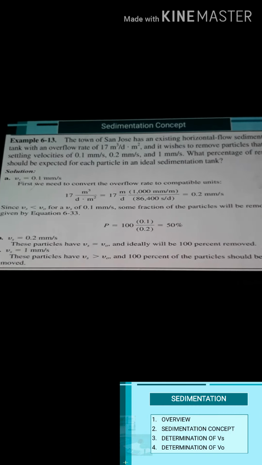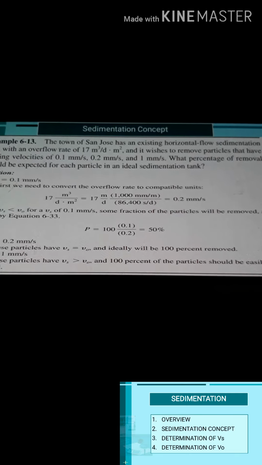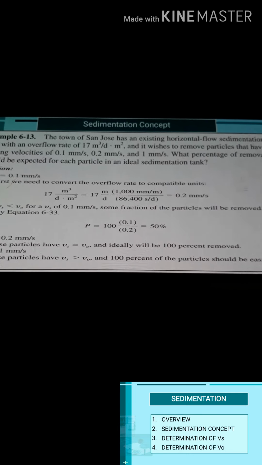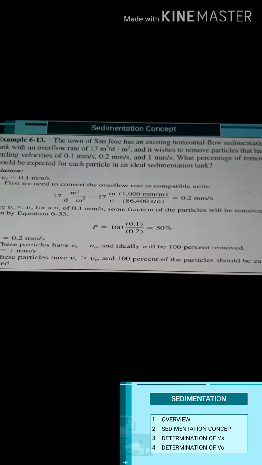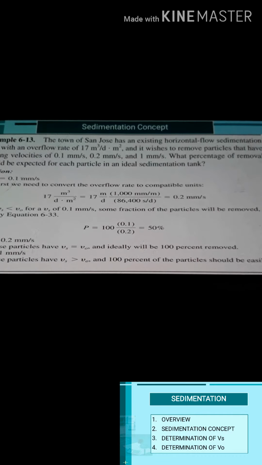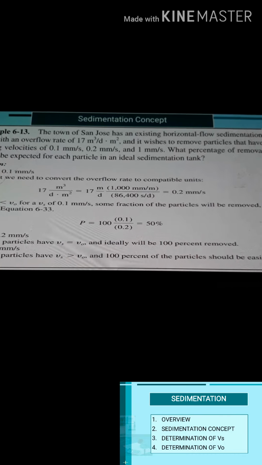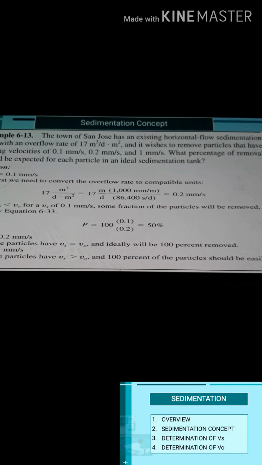Now, the next thing we need to do is just plug in what we have into our equation. We already have the equation for percentage particle removal, which is P equal to 100 times the quotient of Vs and Vo.